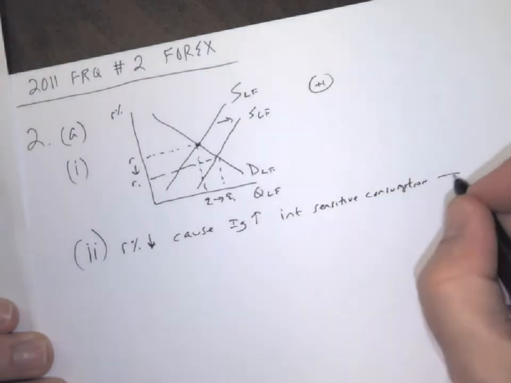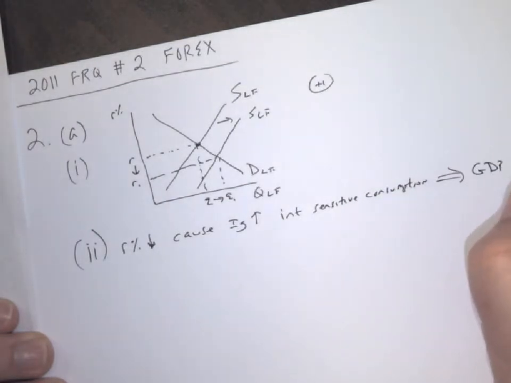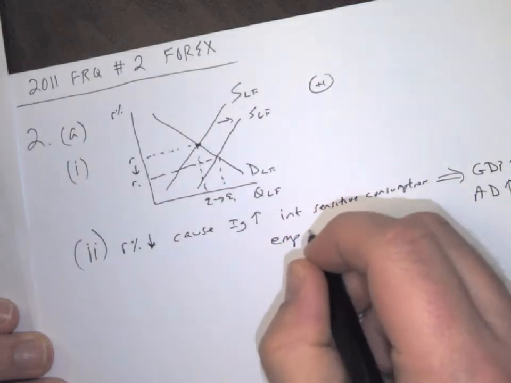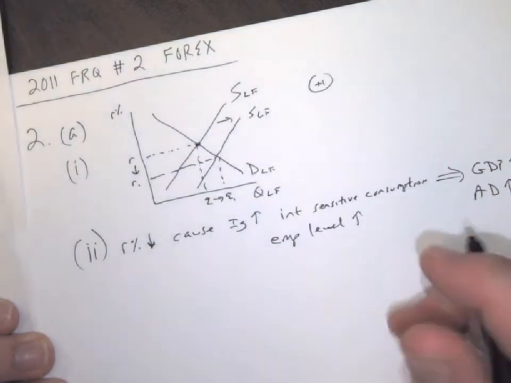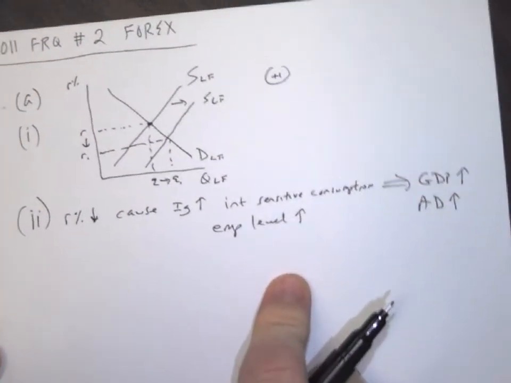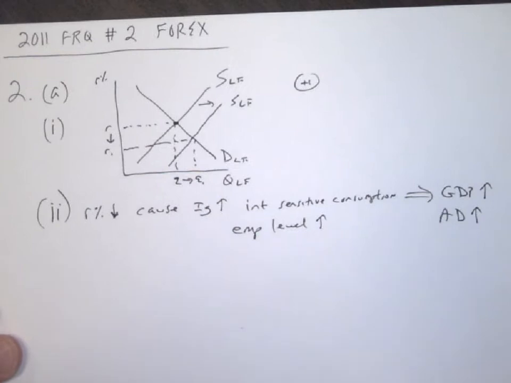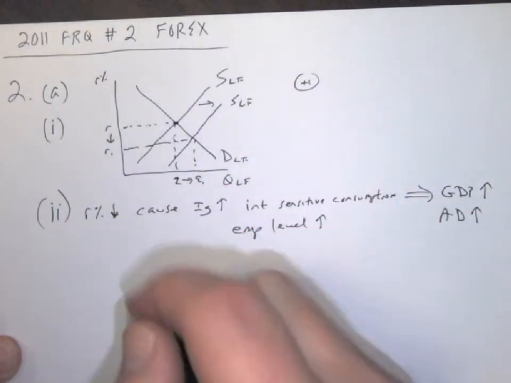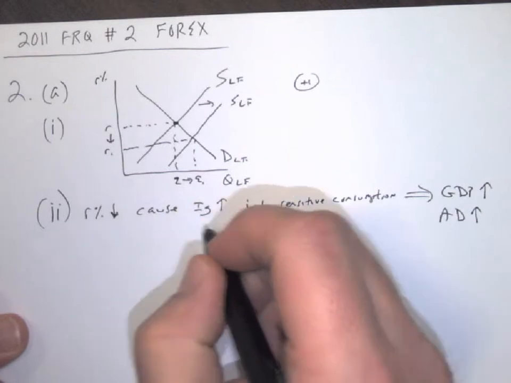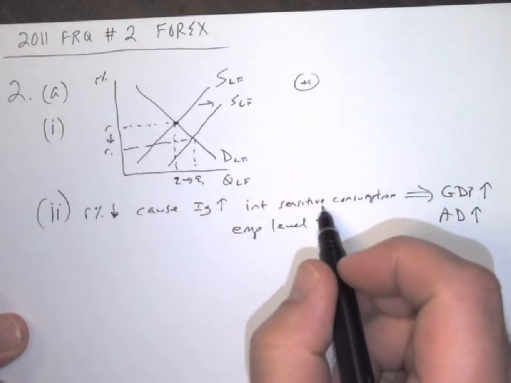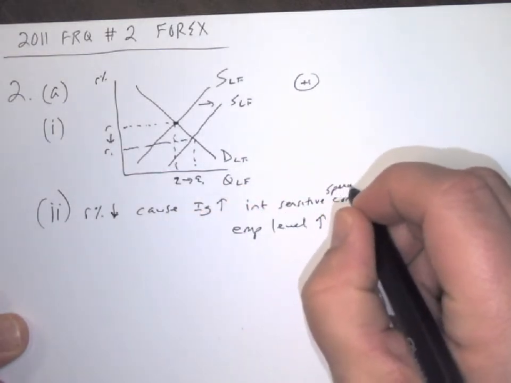Either way, that's going to lead to GDP going up or aggregate demand going up. That means the employment level is going to go up. When people make stuff, they have to be at work, don't they? Let me get that right there so you can see it all. So I have 2A. I'm trying to structure this so that I show everything to the grader. I'm going to get a point for saying the decrease in interest rate causes spending to increase, or interest sensitive consumption or spending.